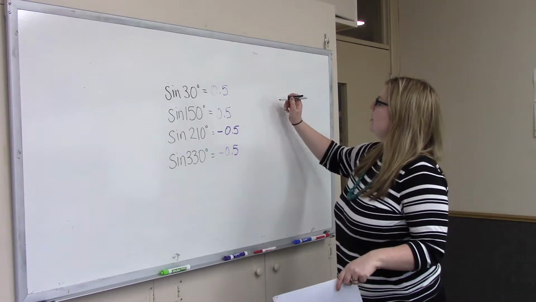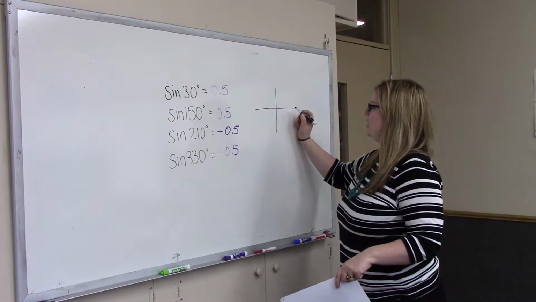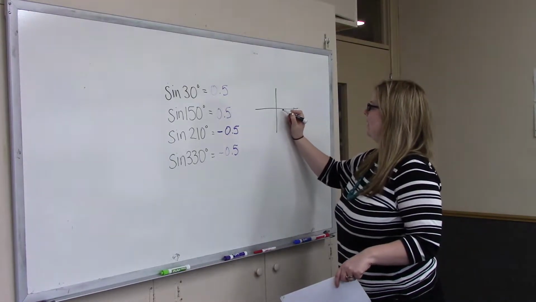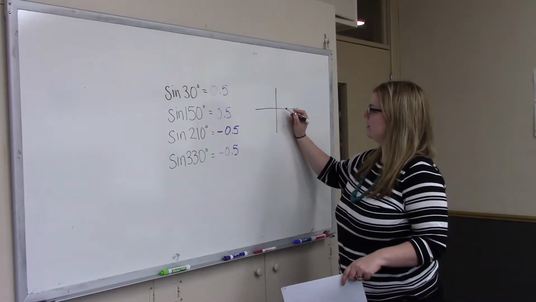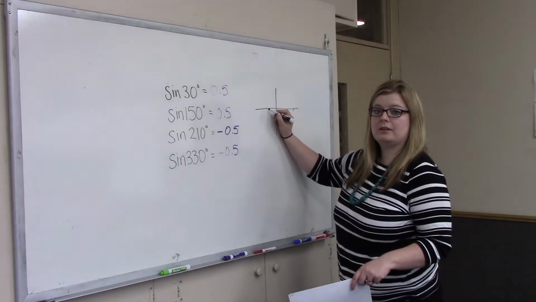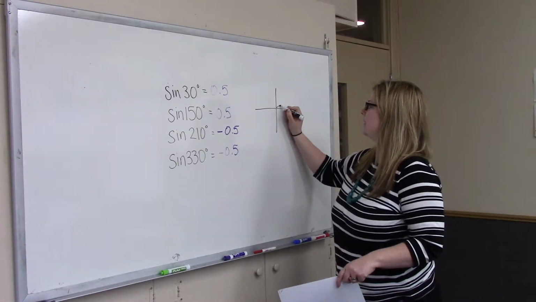Well, we're going to be learning about drawing angles on the Cartesian plane. Starting here as the base and then working your way around the Cartesian plane in this direction, 30 degrees would be right here.